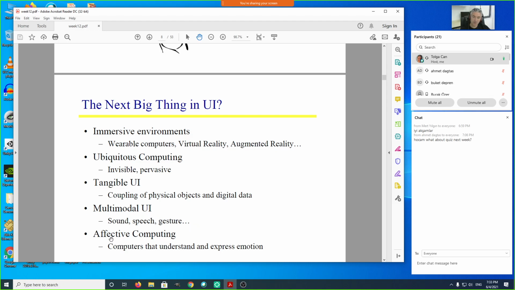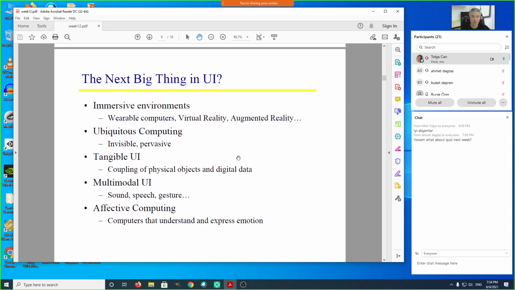And there's also the concept of affective computing, which means computing interfaces that have certain emotions, and also interfaces that can understand emotion, understand whether the user is frustrated or not, and also show some emotion back. Especially with humanoid robot-like things, this affective computing may be a big issue. So these are some still ongoing research areas.